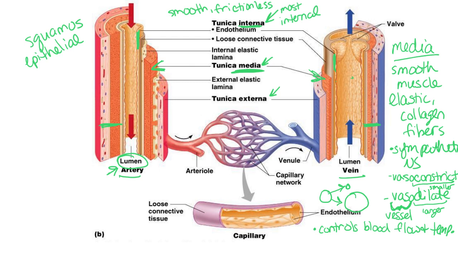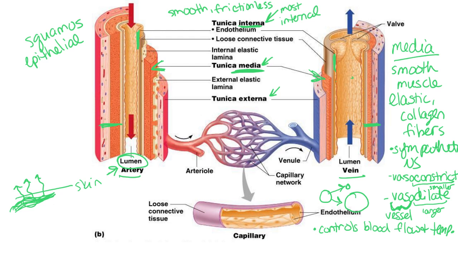If I get really hot, the vessels in the skin, so here's the surface of the skin, will vasodilate. What that does is it brings more blood to the area. So now I have more blood flowing by the surface of the skin. Blood contains heat because blood is mostly water. The majority of blood is water, in the plasma.